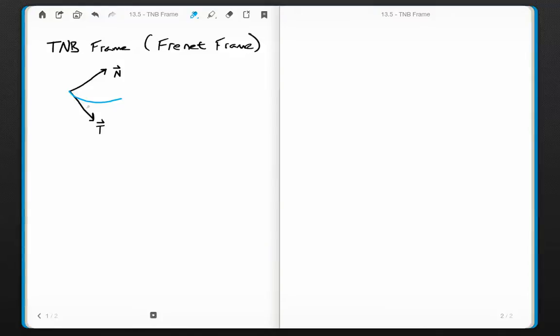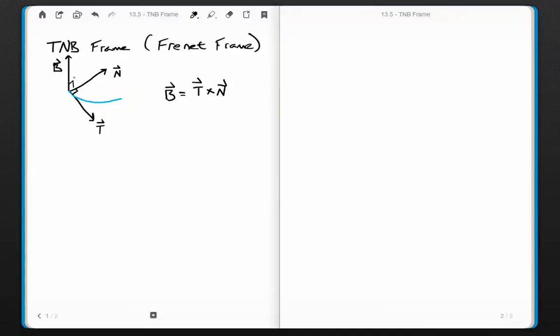Now we've talked the other day about a potential third unit vector, and we're going to define that as B, which equals T cross N. So I can't draw my right hand here, but if we did a right hand rule, if we curled from T to N like this, that would leave us with some other unit vector that looks like this, which we call B, and this is set up so that all these are right angles like this.